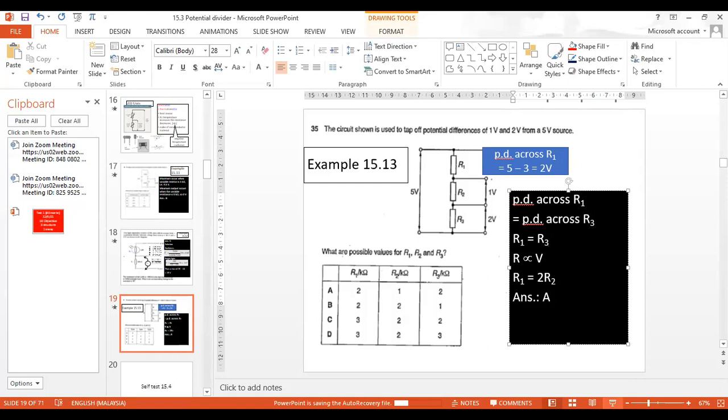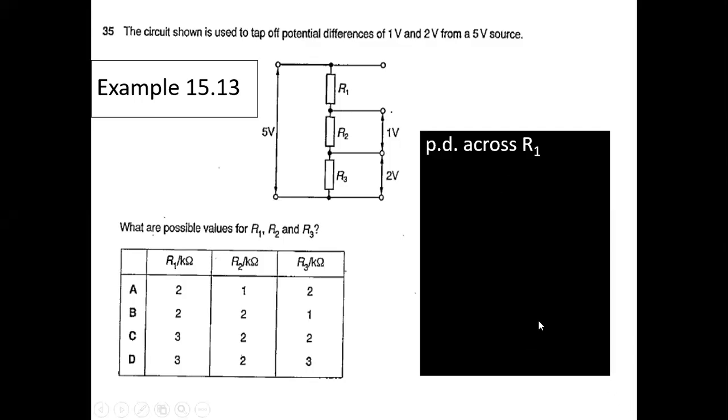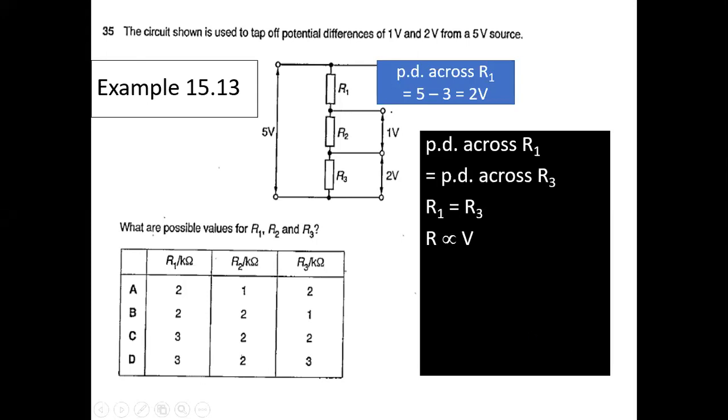Then your resistance is proportional to voltage there. So you know that this is 1 volt, this is 2 volt, this is 2 volt. It means the current is the same, so the resistance of R3 and R1 is the same and it's double that. That's what you get there. Good, A. So we call it a day. Make sure you confirm with me, no more changes already.